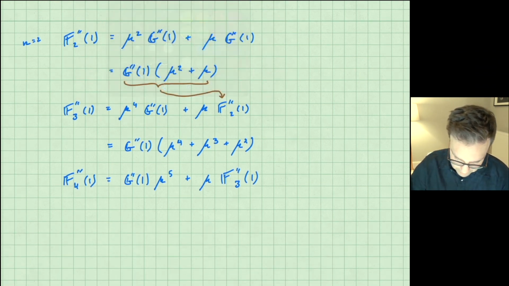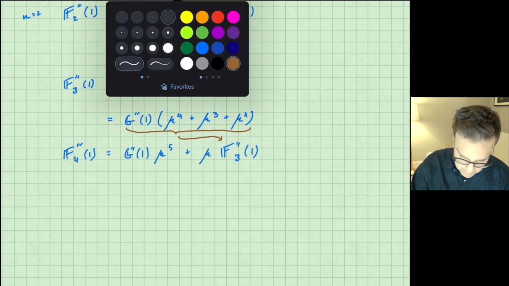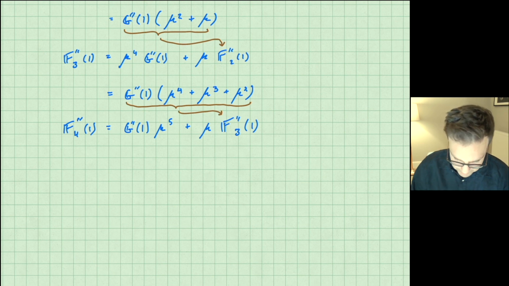Just to remind you what's happening here. When you put that in there, you get the following simple thing. Simple? I think so. g double prime of 1 times the following quantity.